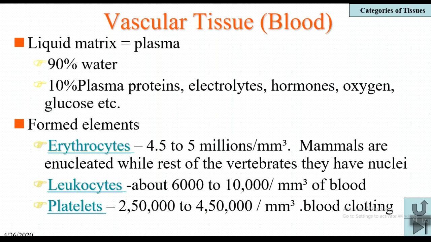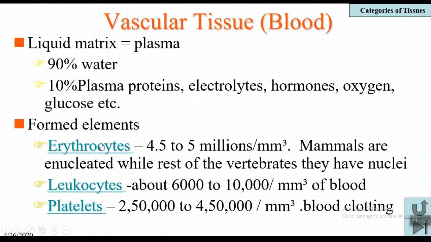The liquid matrix, plasma, contains 92 percent water and 8 to 10 percent plasma proteins, electrolytes, hormones, oxygen, glucose, etc. And coming to the formed elements of the blood, the formed elements are erythrocytes, leukocytes, and platelets.